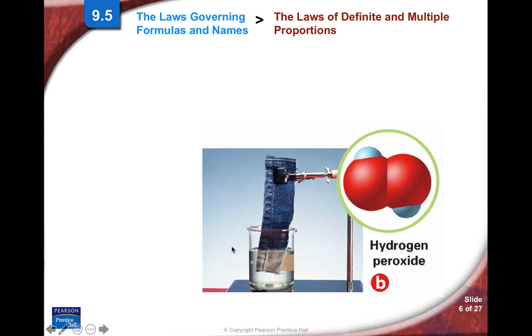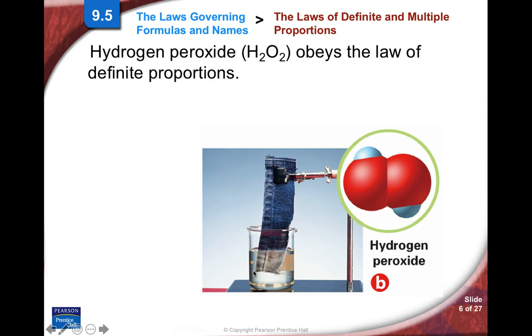This next picture shows another piece of blue jean denim in hydrogen peroxide. You might know that hydrogen peroxide is used to highlight your hair, or used in changing the color of your hair. It's a natural bleaching agent, so when you put the jeans into that, you'll notice they lose their color, but it also obeys the law of definite proportions.